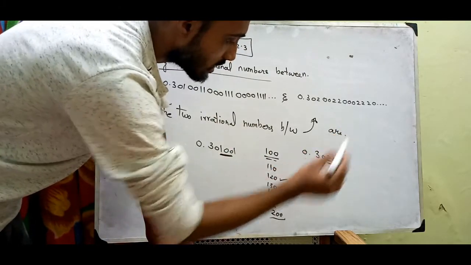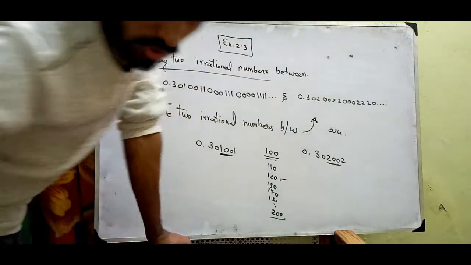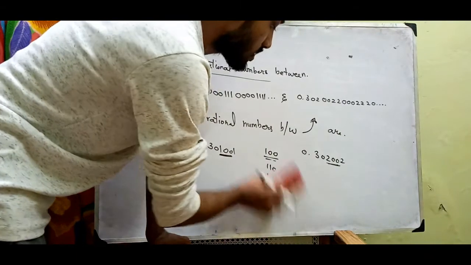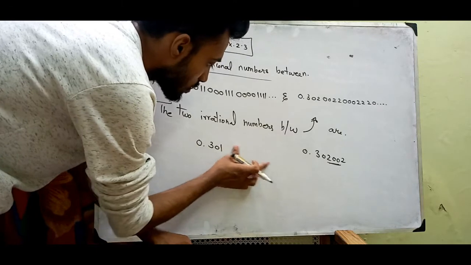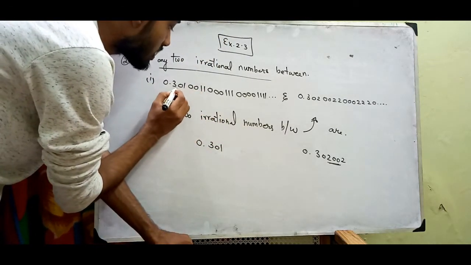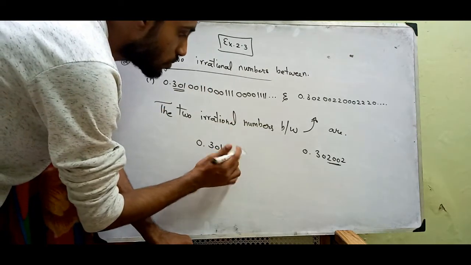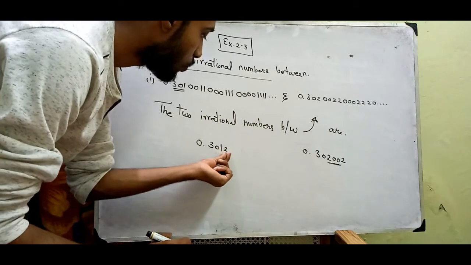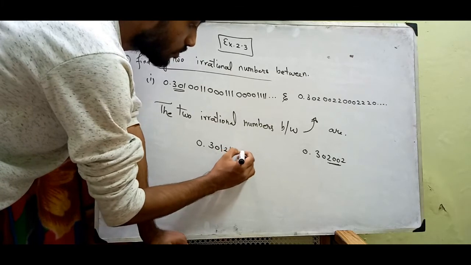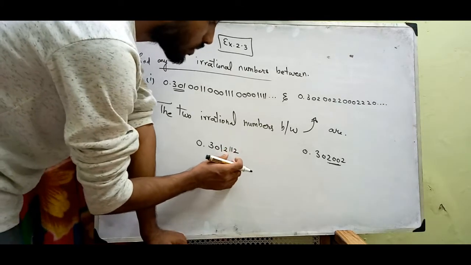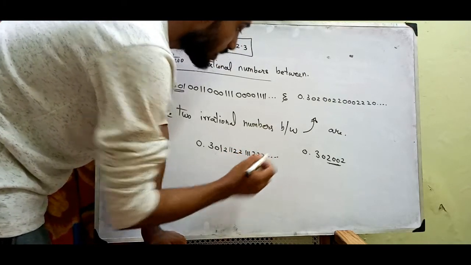I'm just selecting 120 here, and let us watch this. Here 001, I'm taking only these kinds of numbers. After that I'm changing: 1 2, and then after that 1 1 2 2, 1 1 2 2, and so on.